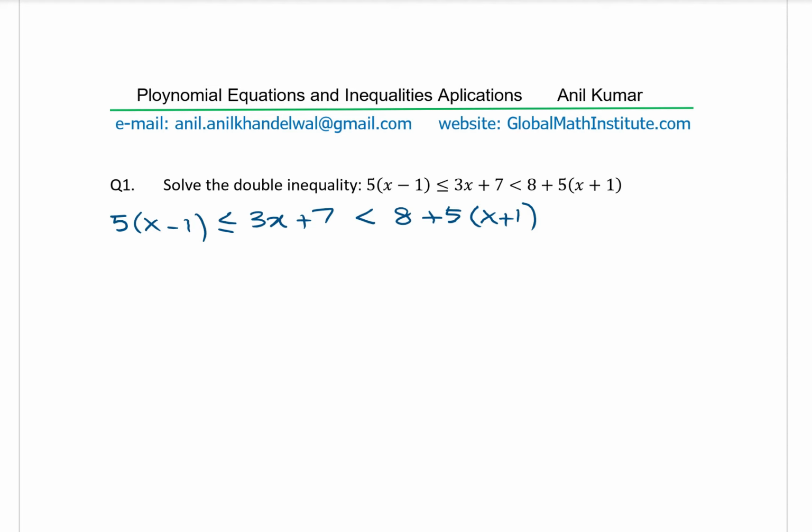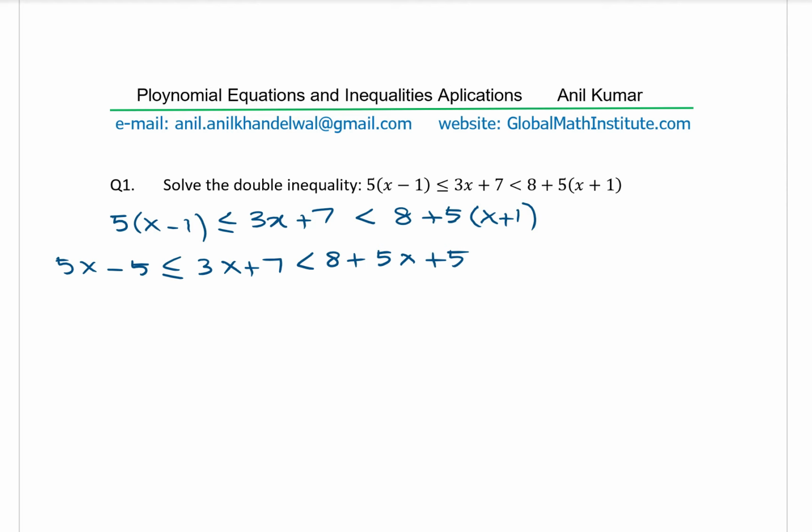Now let's expand and simplify. So we get 5x minus 5 is less than equal to 3x plus 7. So when I'm reading from left to right, the sign will be read as less than equal to. Perfect? Which is less than 8 plus 5x plus 5.